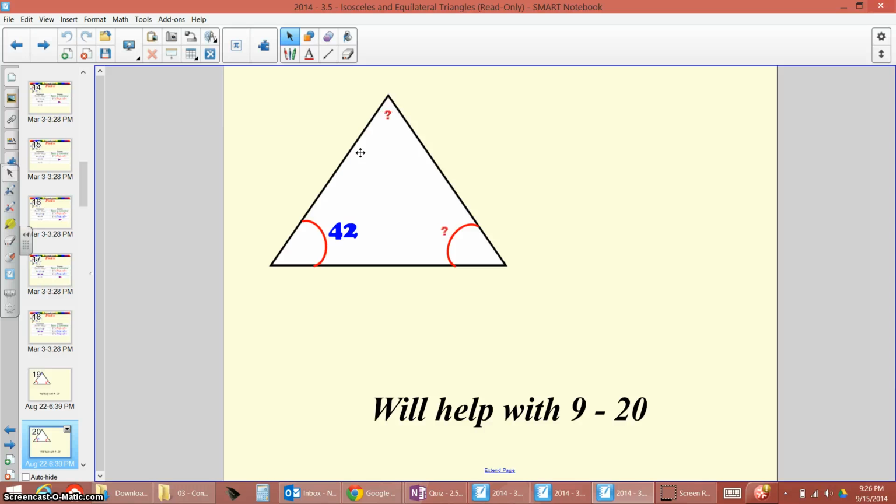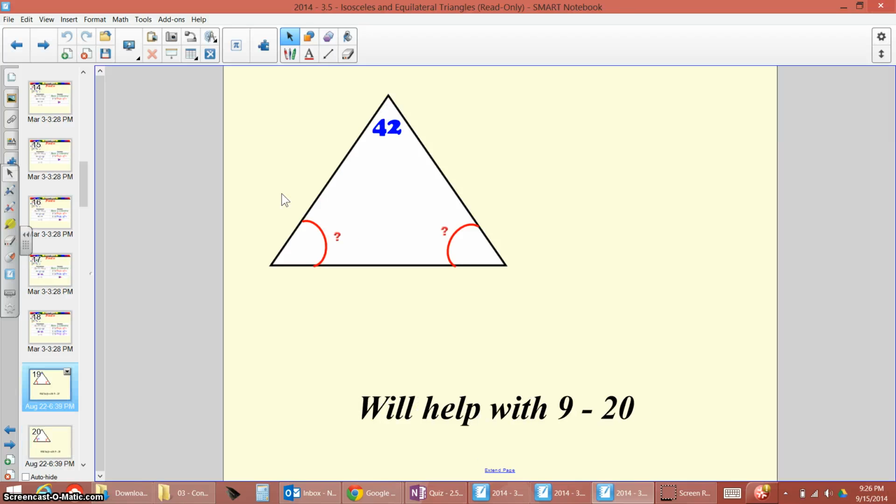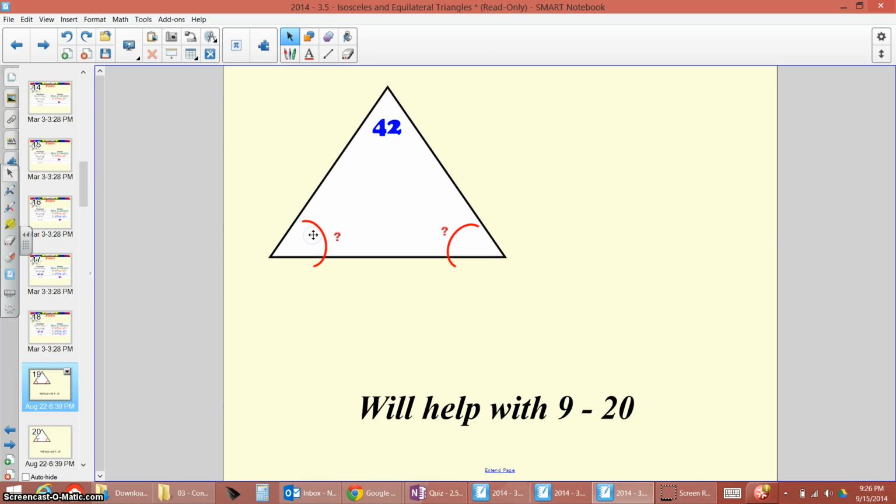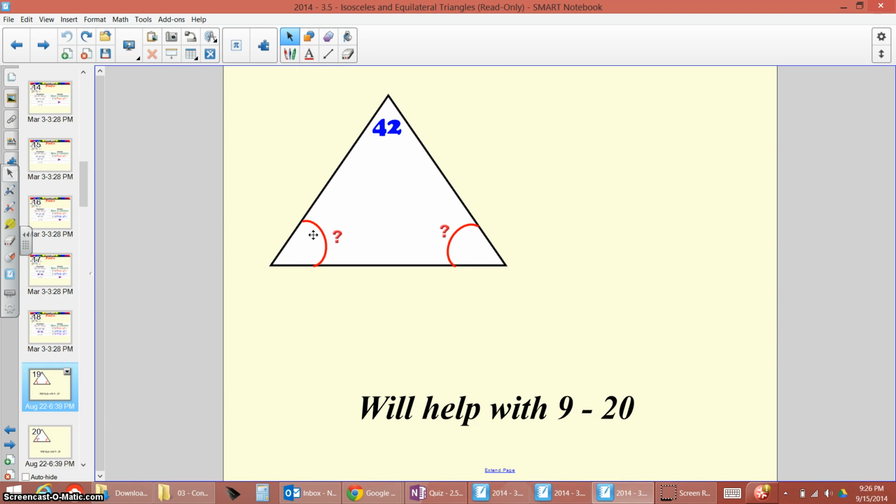So if this one is 42, then that means these other two angles have to be something else. All right, let me pull up my handy dandy pen. So this one's 42. These two are equal to each other. That was terrible. Now it's doing that again. What's going on here? Pen.